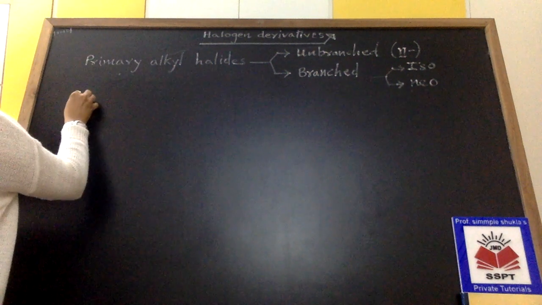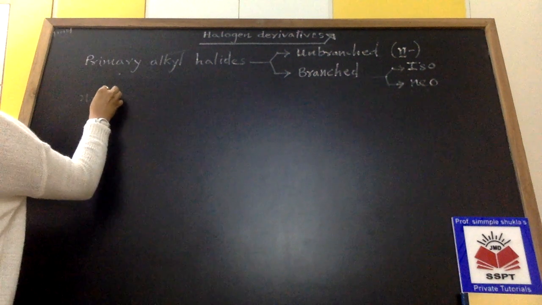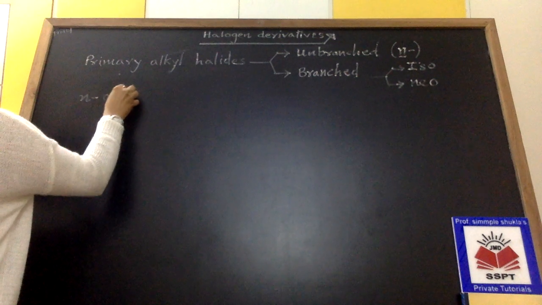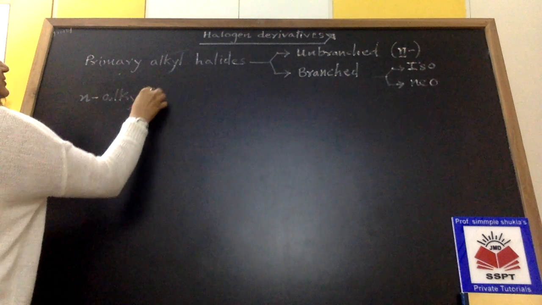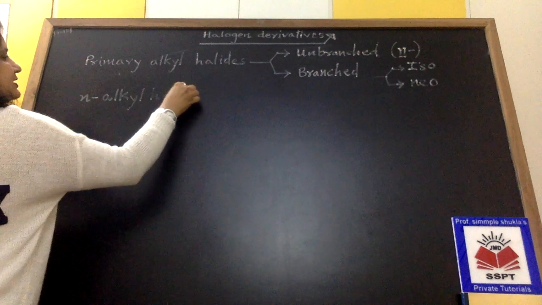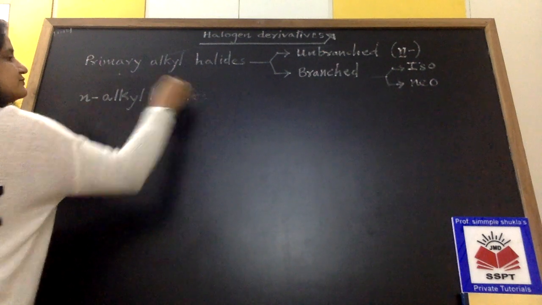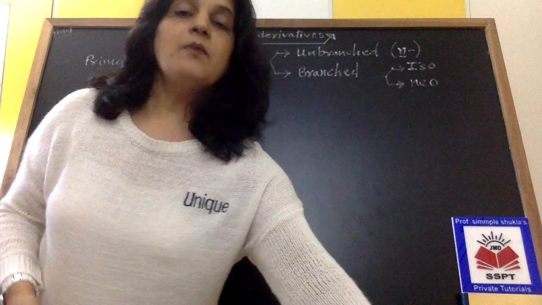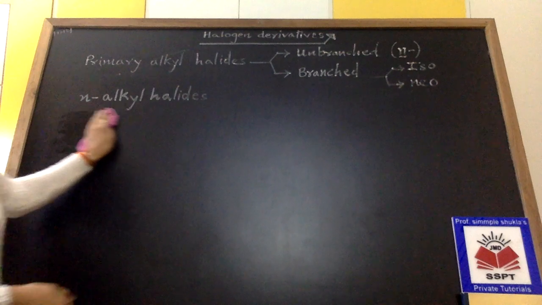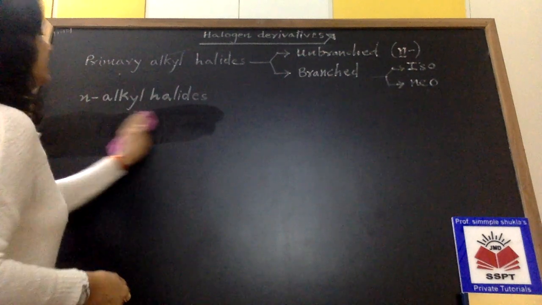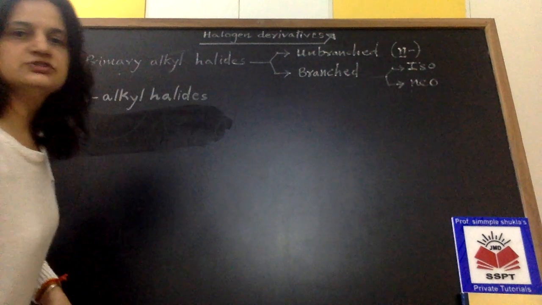Now, what's a N-alkyl halide? N stands for normal. Normal means unbranched. So, a N-alkyl halide is an unbranched alkyl halide.